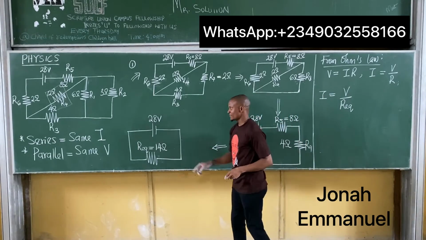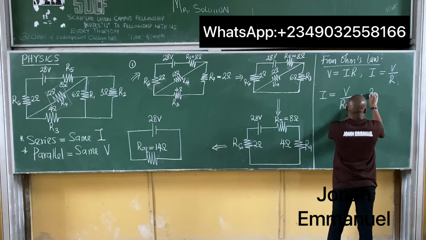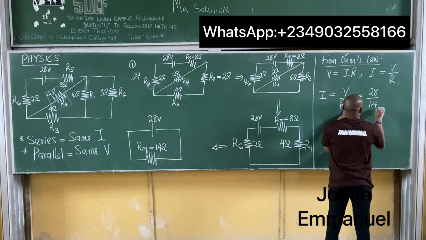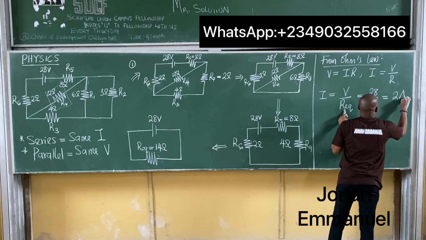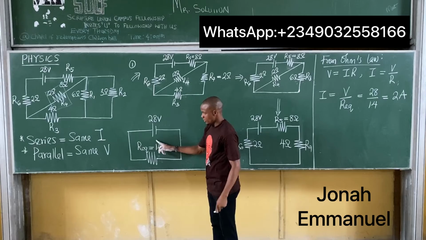So this over this. It becomes equal to 28 all over what there? 14. How many there? 2 amperes. So the current flowing in this one there is 2 amperes.